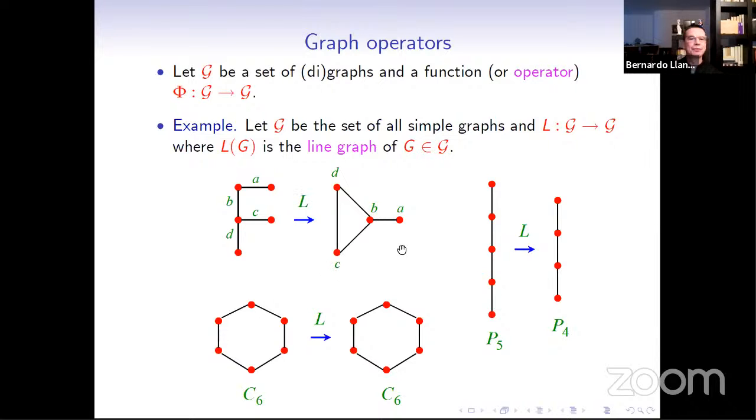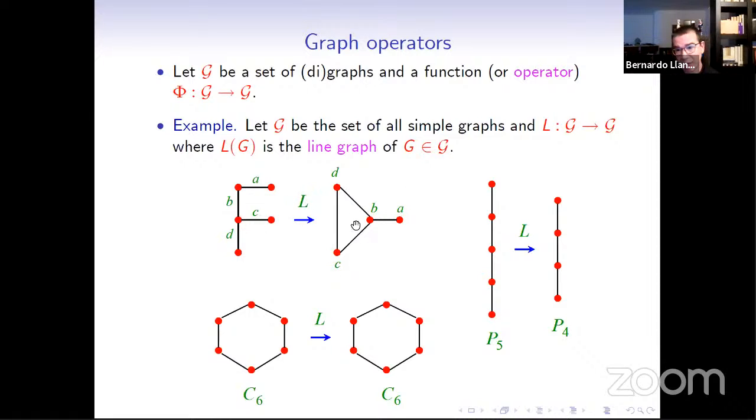You can obtain this graph by the following operation. For each edge, you put a vertex. Here, this is the A, the B edge, etc. And then you join two of them if the intersection of these two edges is not empty. So they intersect in one vertex, then you put an edge. So you obtain this graph.